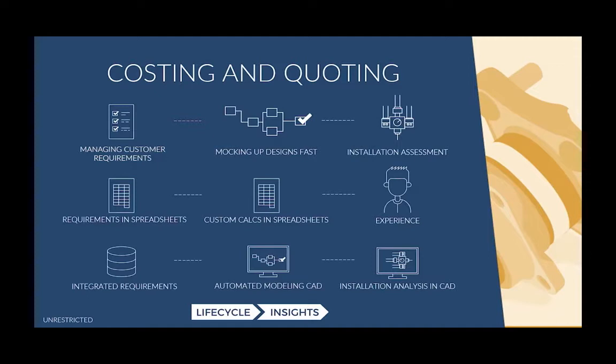Being able to mock up, again not do all the detailed design work, but very quickly and easily mock up with some confidence what this design solution is going to look like. And then finally, do a quick analysis of the installation. What does the sequence look like? What's going to be involved? What's the time that it's going to take?